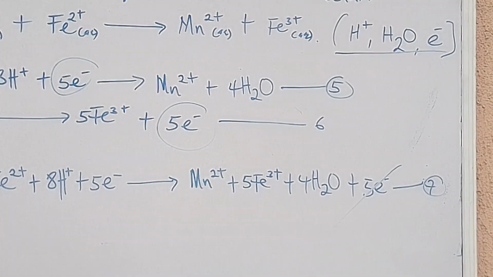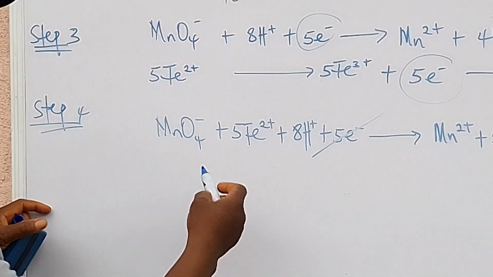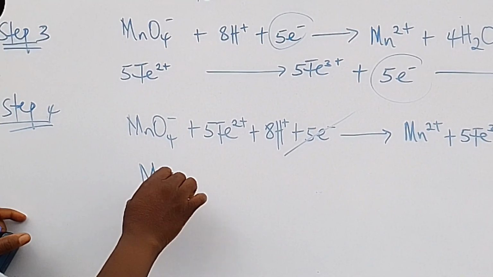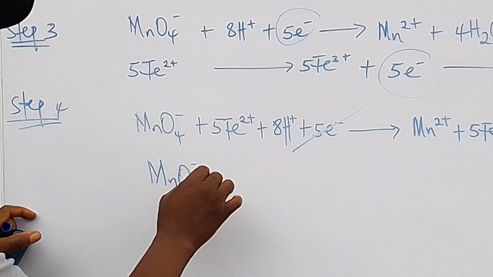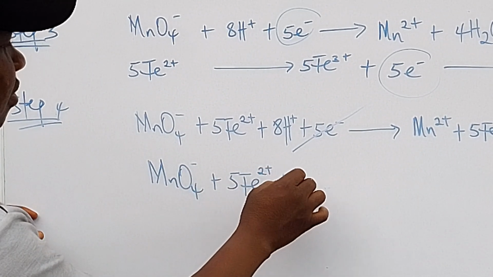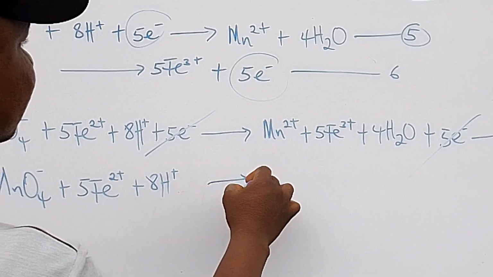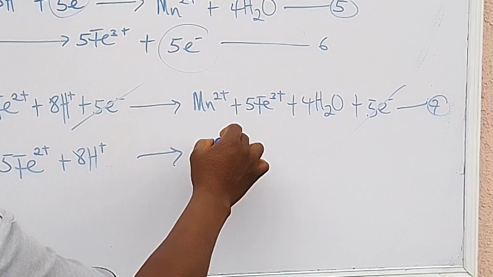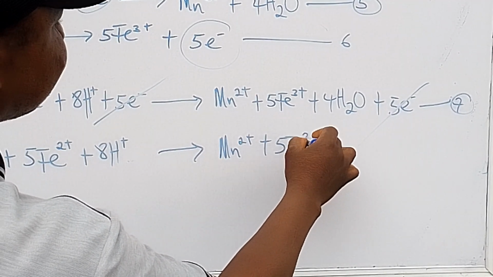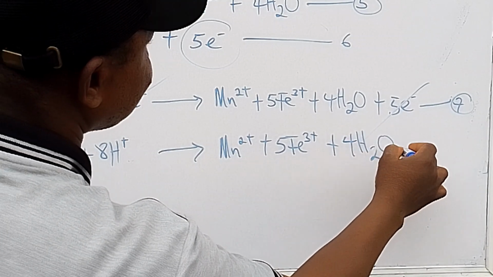So we can eliminate these electrons as said in the steps. Let's look at the total reaction. MnO4- + 5Fe2+ + 8H+ giving us Mn2+ + 5Fe3+ + 4H2O, equation 8.